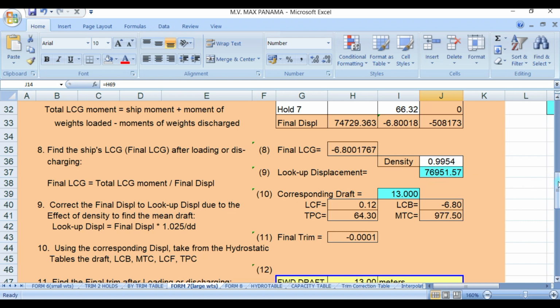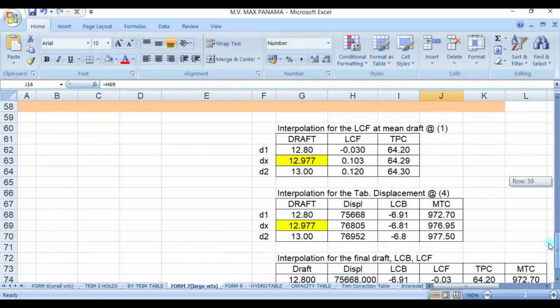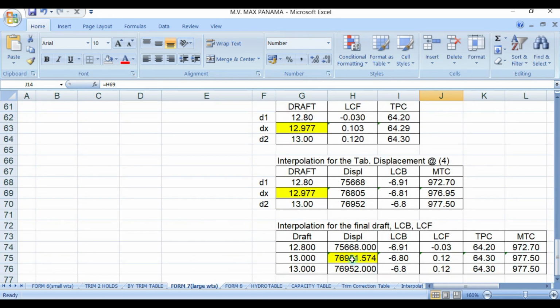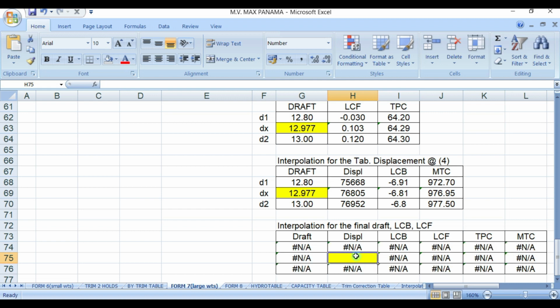What will be the draft of this lookup displacement? So we'll see. Look at here. I will erase this one. We don't know what the draft is for this displacement value.